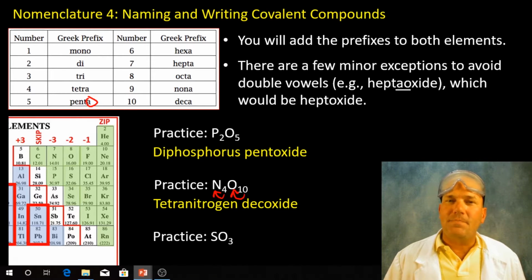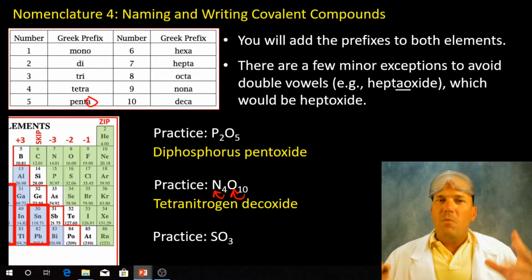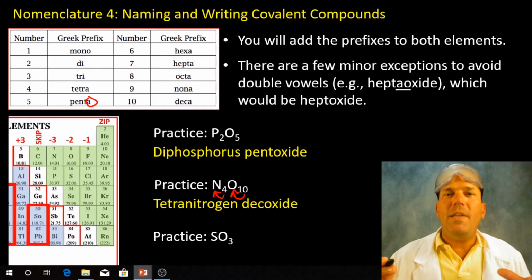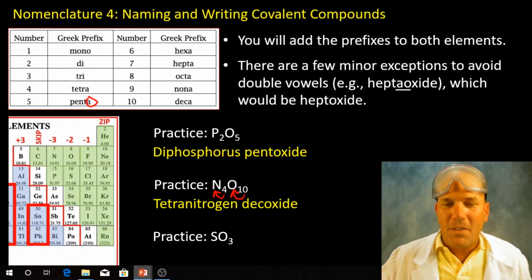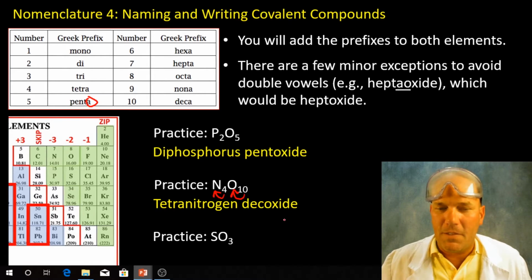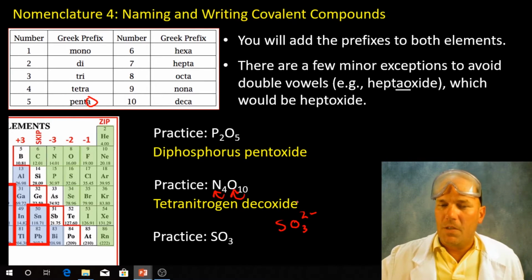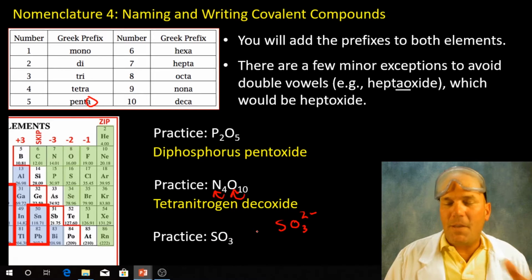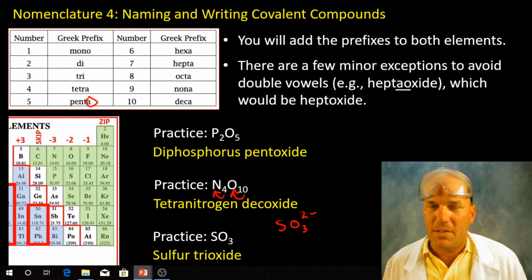Let's look at this. I put this one in on purpose here because many students will immediately say, oh, that's sulfite. That's a polyatomic ion, sulfite. No, this is not sulfite. This is sulfite, and sulfite has a -2 charge. This is something called sulfur trioxide.